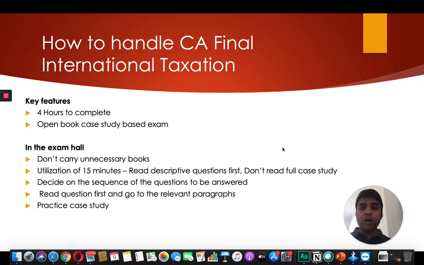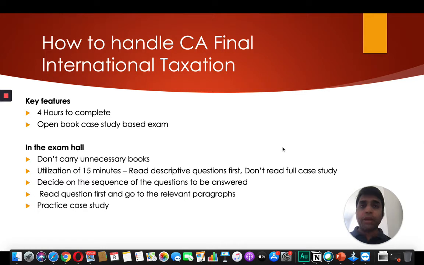Now if I talk specifically about this examination where you are allowed to take books, my first recommendation would be, don't carry unnecessary books. Only carry the books which you have already used for the preparation of this exam.